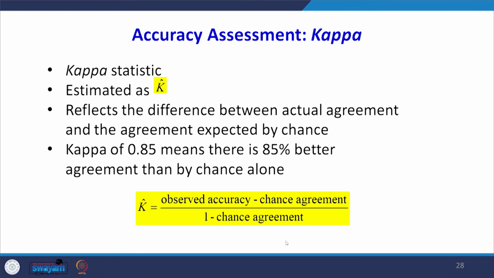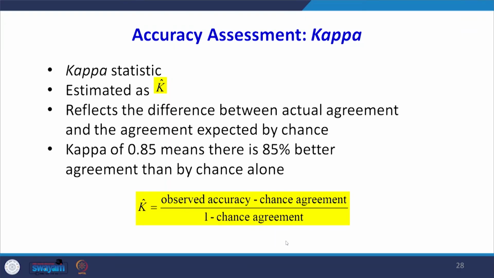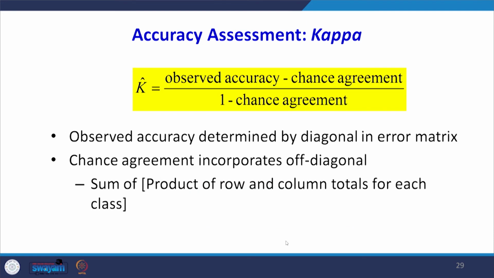Kappa is calculated by a mathematical relationship: the observed accuracy minus the chance agreement, divided by 1 minus the chance agreement. The Kappa accuracy assessment is also found to be better than using the user's accuracy, producer accuracy or the overall accuracy.